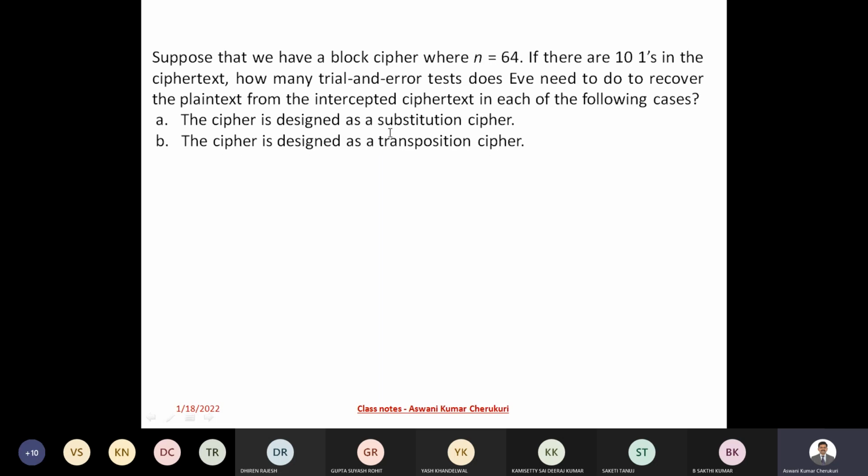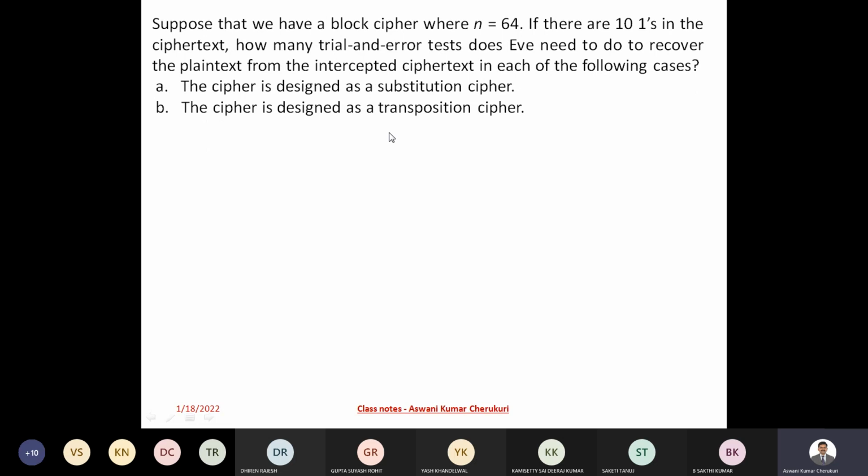Yes, sir. Now, let us see the importance of this discussion, the importance of stream and block. All of you, please read this particular problem. Imagine you have a block cipher where the size of the block is 64 bits, and there are 10 1 bits in the ciphertext.